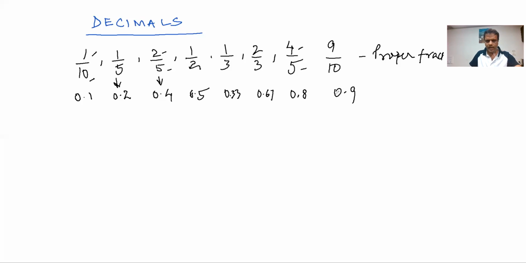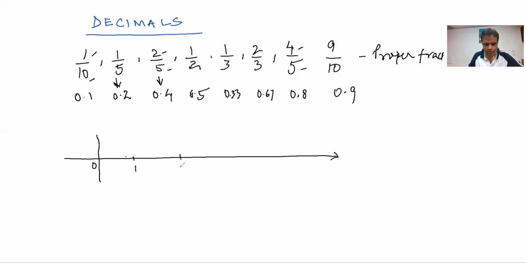Now, if I have to plot these numbers on the number line, what we do is, this is 0, this is 1, this is 2, this is 3, this is 4, this is 5, and it continues.